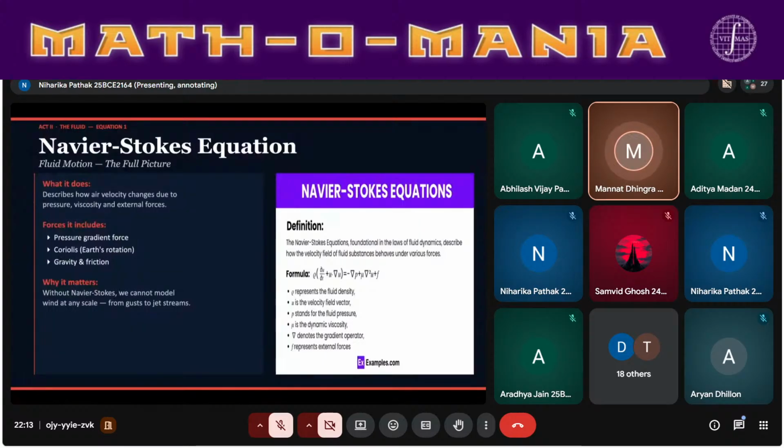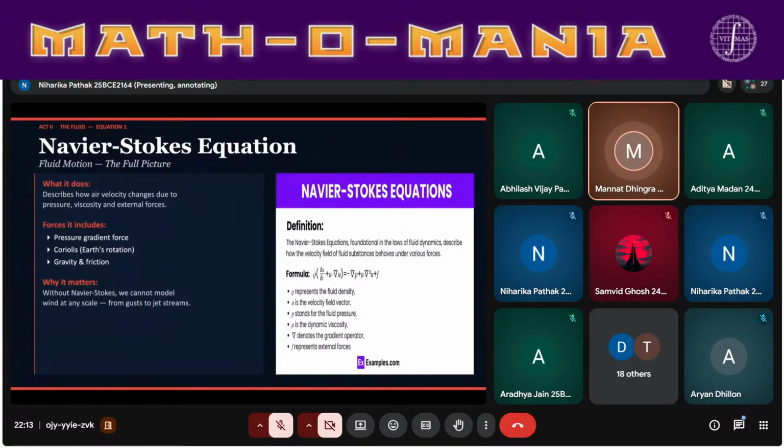So it's basically what we learned before with Stokes law, force is equal to 6 pi r eta vt. The formula given below is basically the more advanced version of what we learned before.